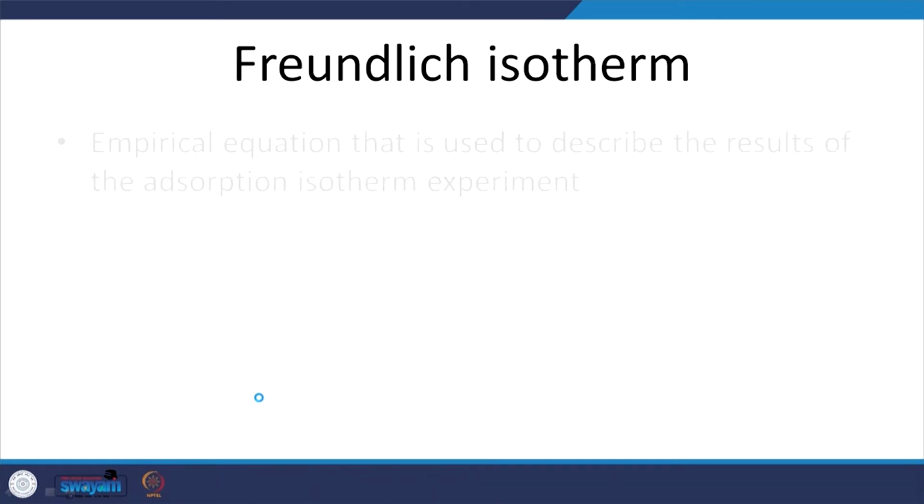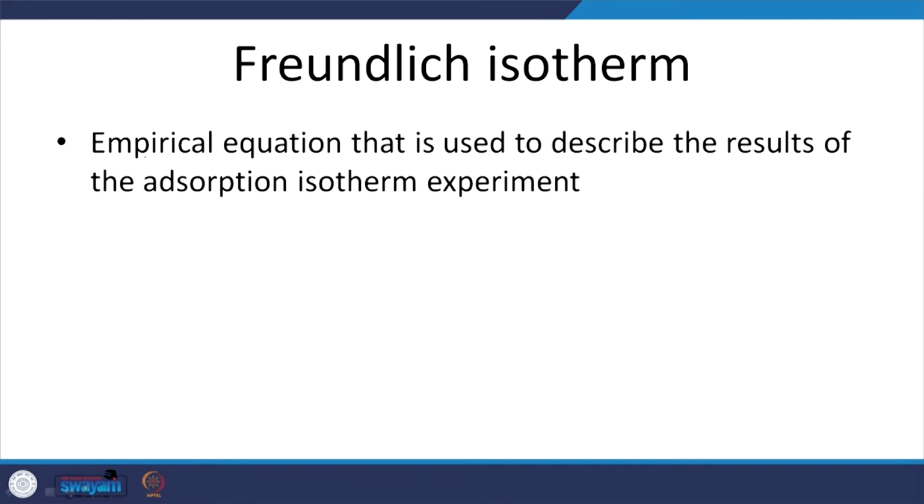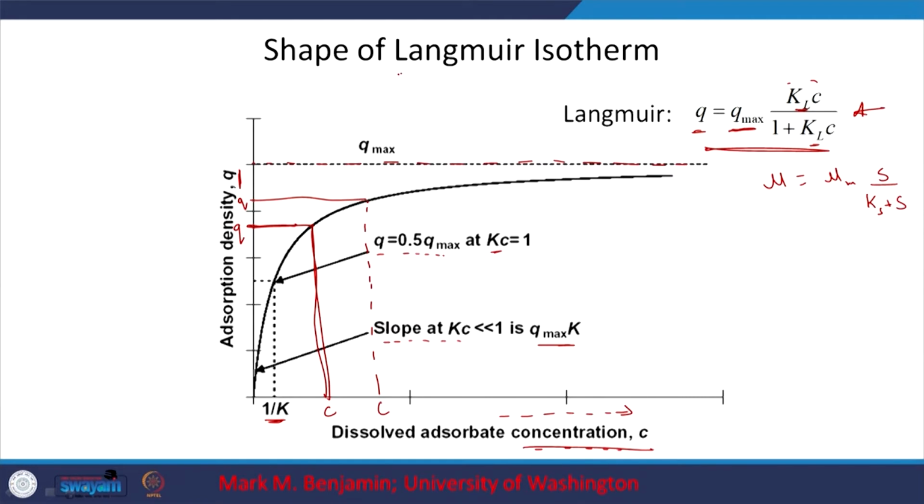So Freundlich isotherm, let's see. We were looking at Langmuir until now, right? Langmuir, where we have a threshold, and another aspect is it's monolayer, right? But we know that especially with granular activated carbon, where you have hydrophobic compounds being adsorbed onto the media, the key aspect is that we have van der Waals forces of attraction, which do not limit the adsorption to only one layer but multiple layers, right?